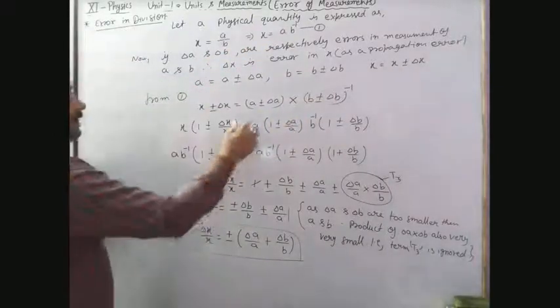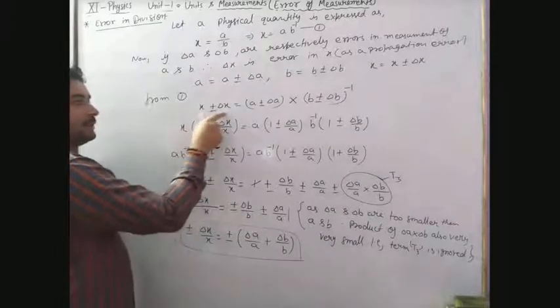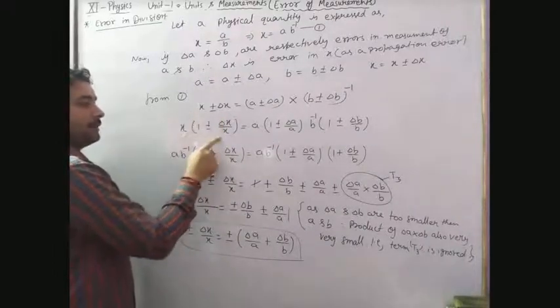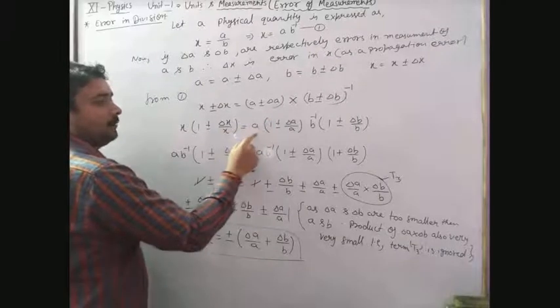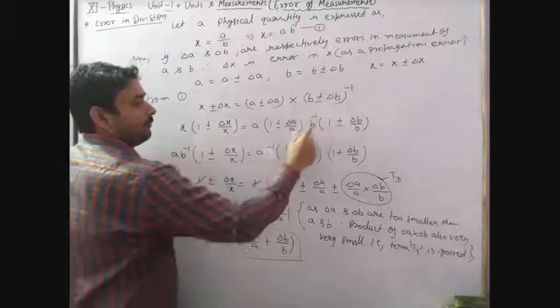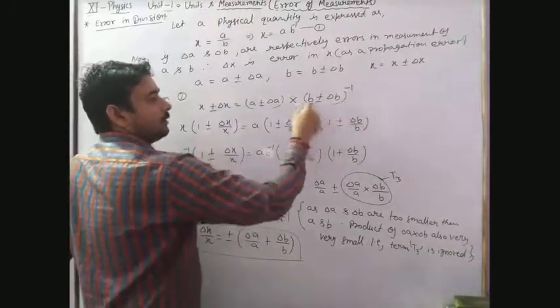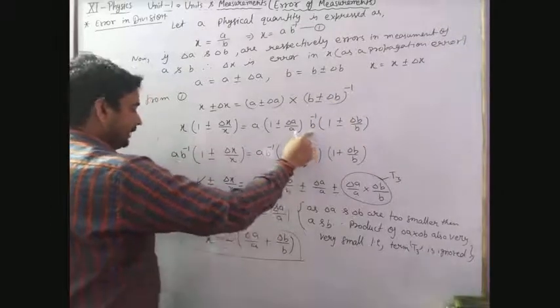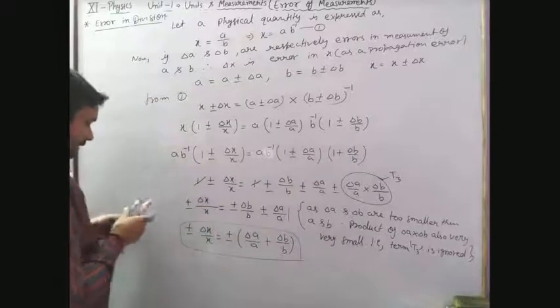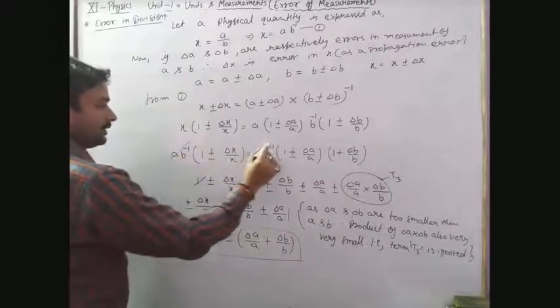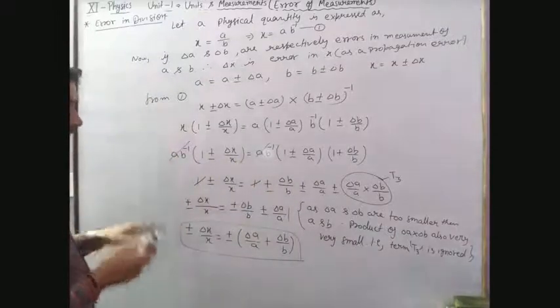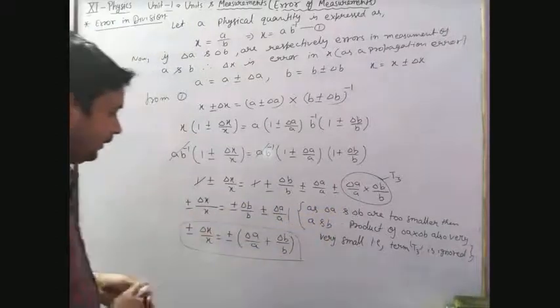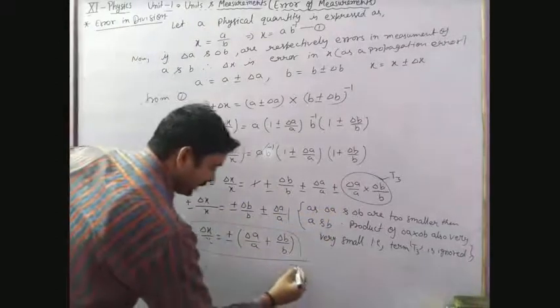Now when we take out common from these two terms we get this, from here A we get this, and from here B we get this, because the whole bracket has power -1, so B gets -1. On solving this you can easily observe this is cancelled and we get this relation.